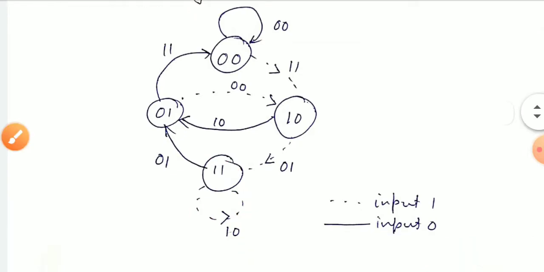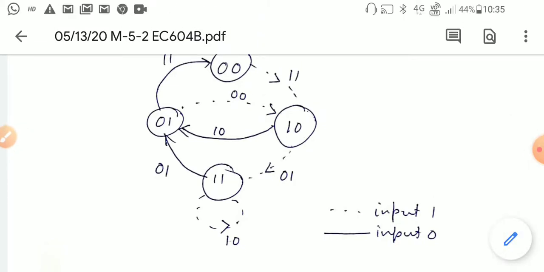Check that. Again, I just repeat: 1 1 is the present state, and it comes back as the same next state when you apply the input 1.